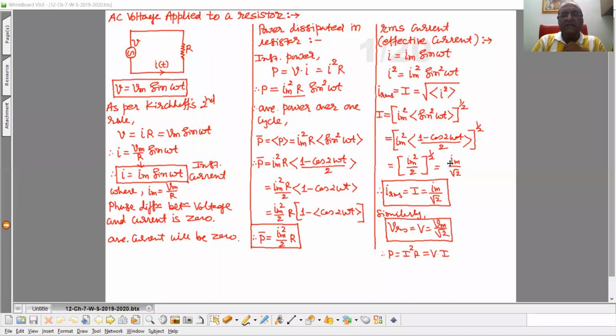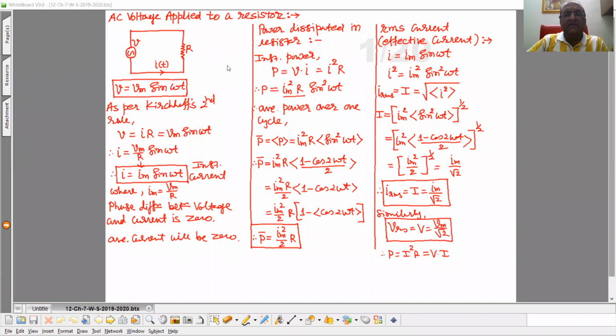The main supply is AC supply voltage, and this AC supply voltage is used widely because it is convenient to increase or decrease the voltage with the help of a transformer in case of AC voltage, as well as it is easy to transmit from one place to another place, and it is also economical to transmit this AC supply or AC voltage from one place to another.